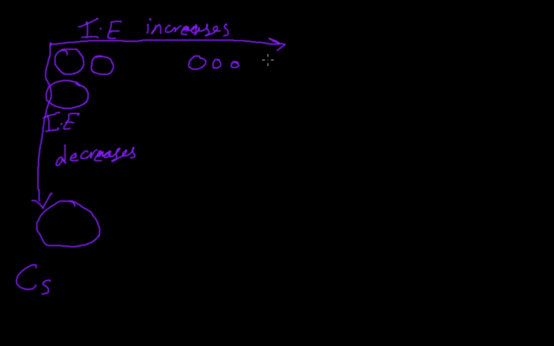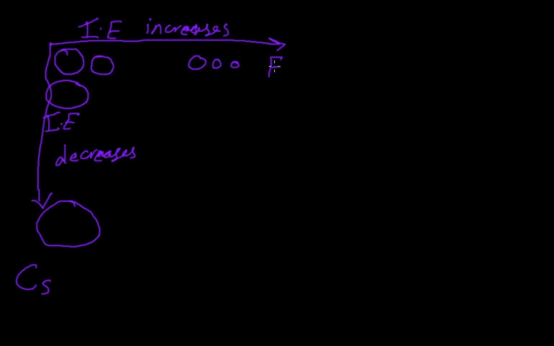Whereas it will be harder to remove an electron from a fluorine atom because of its high effective nuclear charge. So you will have to overcome this great attraction force from the nucleus to the last electron. But there are some anomalies to this case.